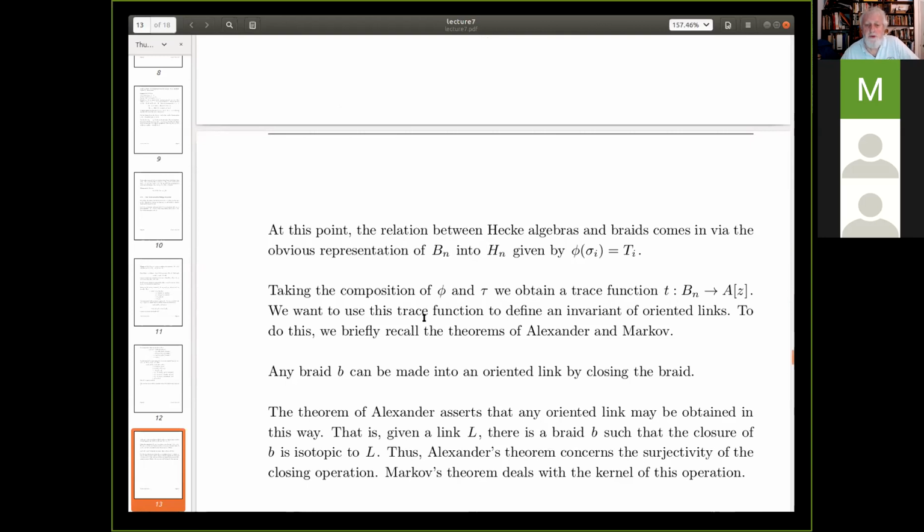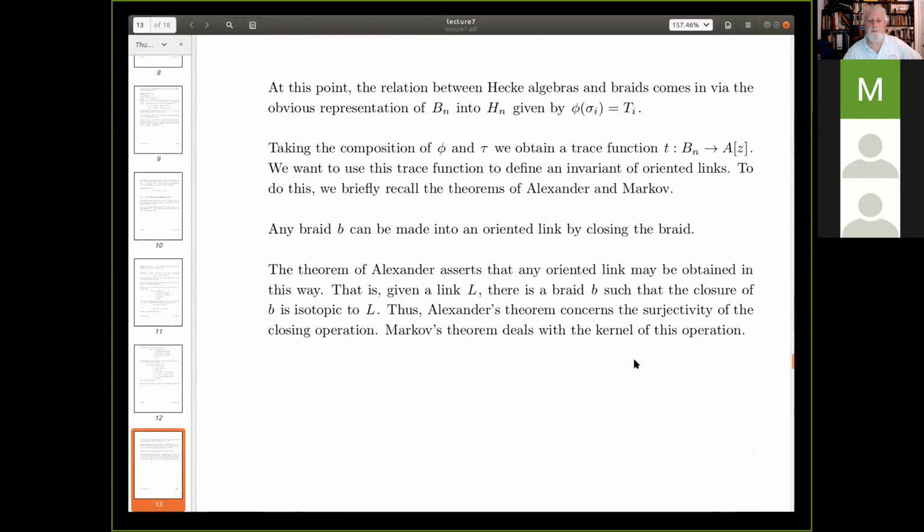Right, we want to use this trace function to define an invariant of oriented links. To do this, we briefly recall the theorems of Alexander and Markov, which I mentioned earlier. Any braid B can be made into an oriented link or knot by closing the braid. The theorem of Alexander asserts that any oriented link may be obtained in this way.